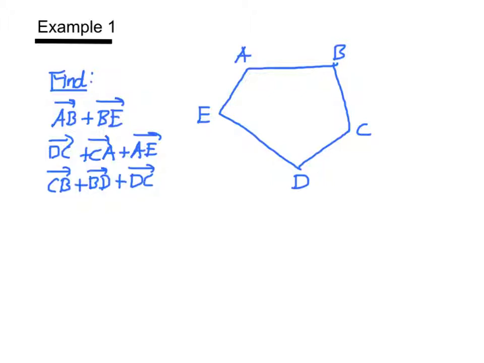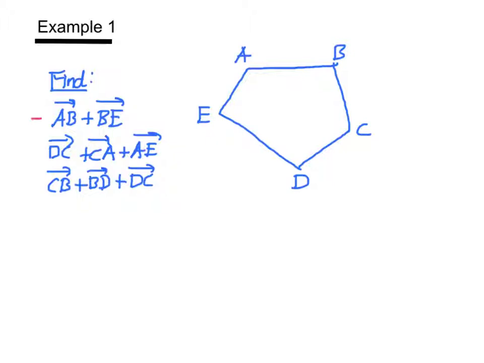Okay, let's look at an example problem. In this problem, we're given a polygon labeled A, B, C, D, E, and we're asked to find 3 vector sums. The first one I'll do in red, and we're asked to find vector AB plus BE.